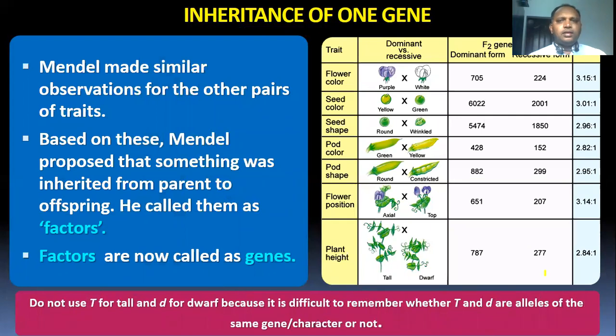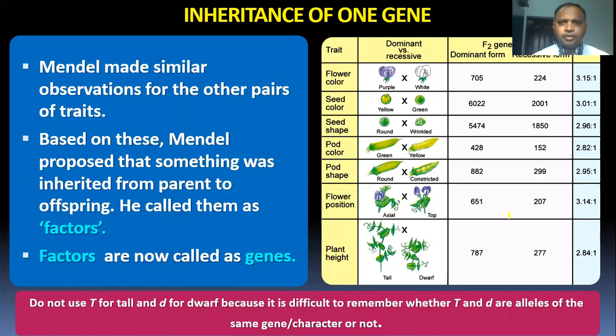And Mendel made similar crosses for the other pairs of traits also, because he had chosen 7 pairs of contrasting traits, and he conducted them one by one. So in every experiment, he selected only one contrasting pair and did a monohybrid cross. So he did monohybrid crosses for all the contrasting pairs, and he observed the results.